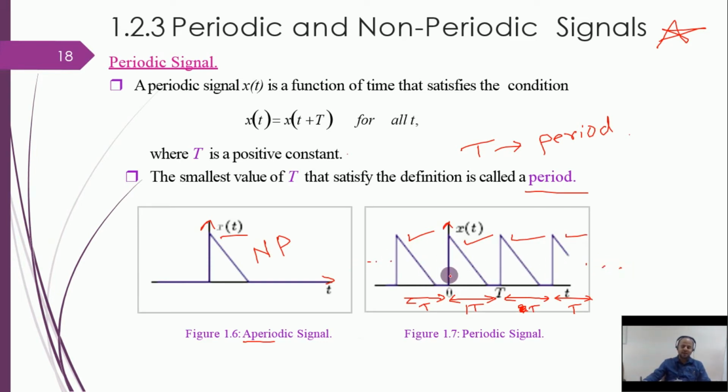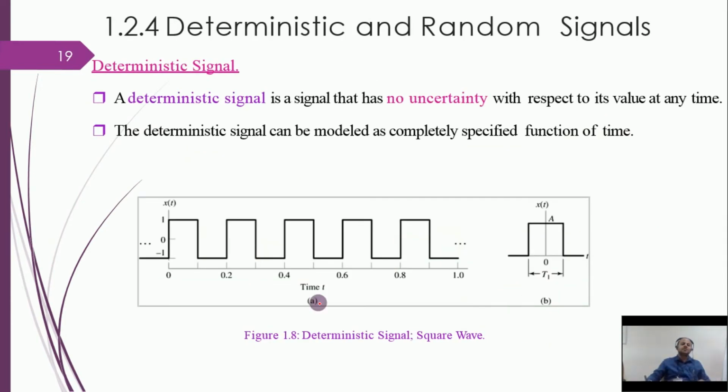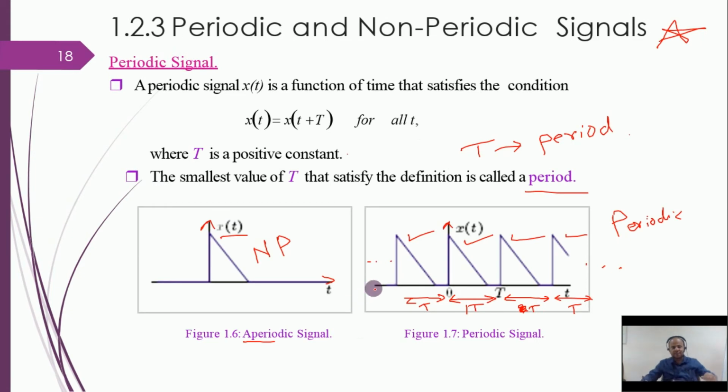So this kind of signal is called a periodic signal. You will be given a signal and asked to identify whether it is periodic or non-periodic.